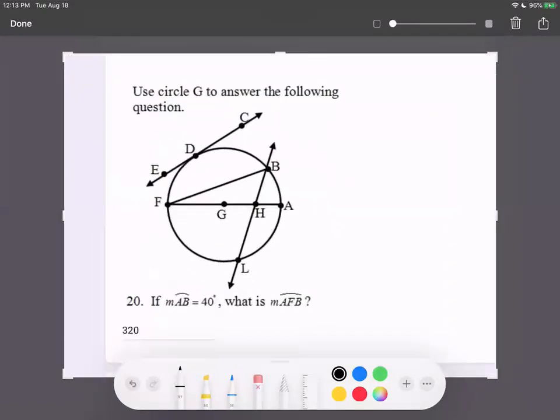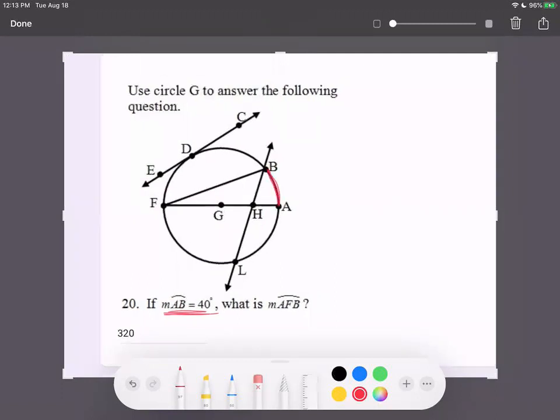Okay, so we said the measure of angle AB is 40. We want to know the measure of arc AFB: A all the way to F, all the way to B. So I'm gonna trace over this several times so it's really dark. We want all of this, okay?